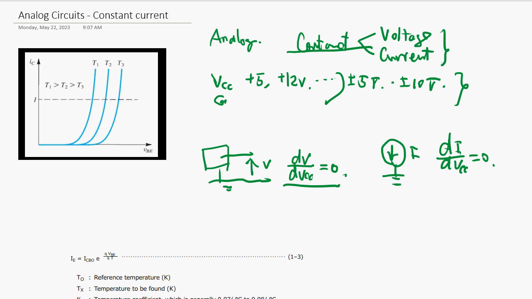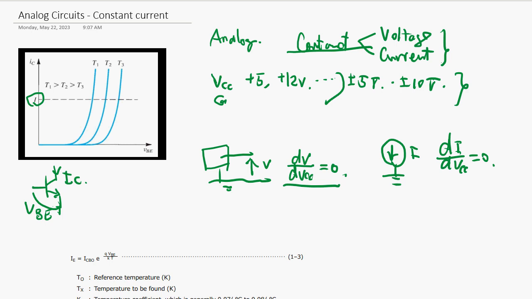That's a constant. Another important thing is constant against temperature. Basically, for a bipolar transistor, VBE and IC have a relationship. For the same IC, you maintain the same VBE, but when temperature changes, VBE changes.